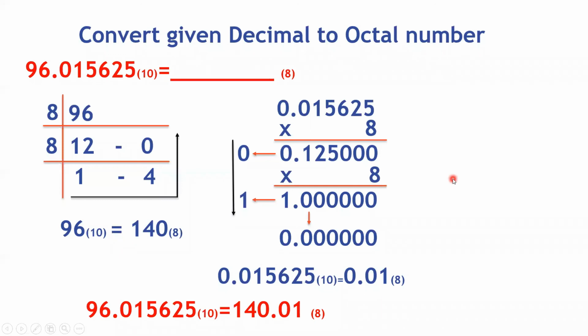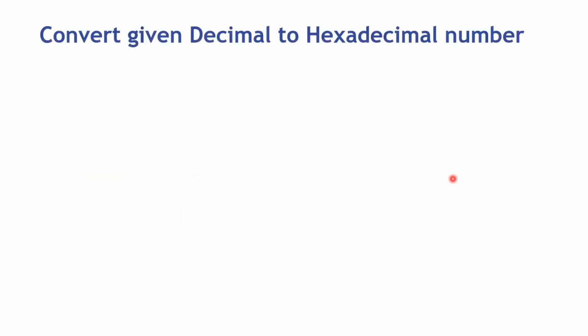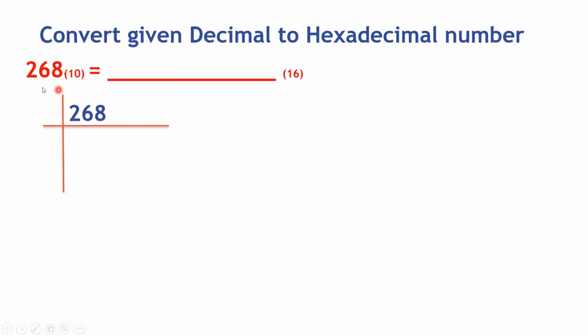The last conversion we'll see in the first group is decimal to hexadecimal number system. So let us take the decimal number 268. We will try to convert it to hexadecimal. Here we are supposed to divide by 16. 16 16s are 256.